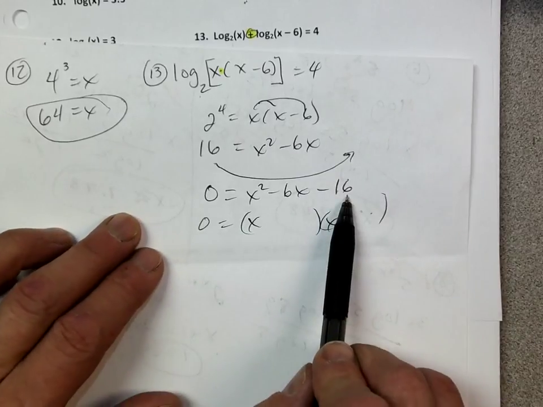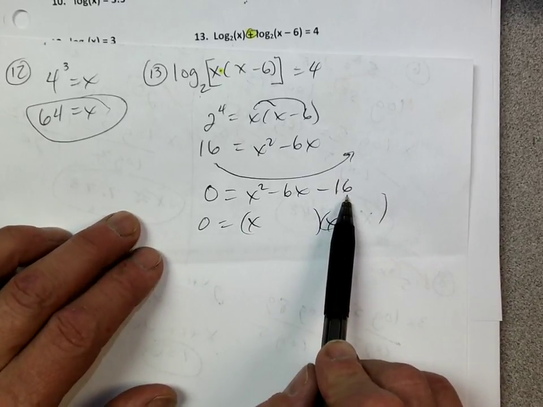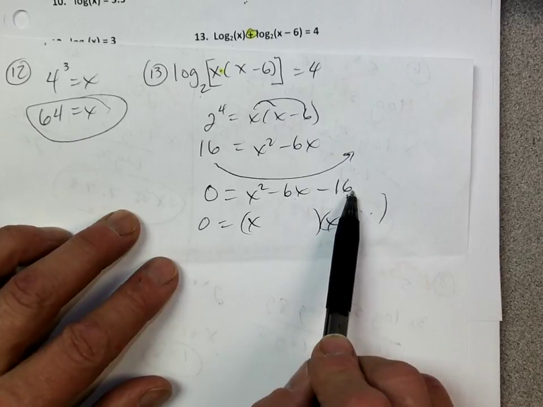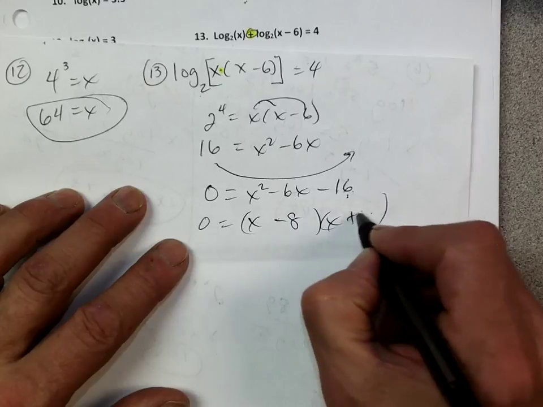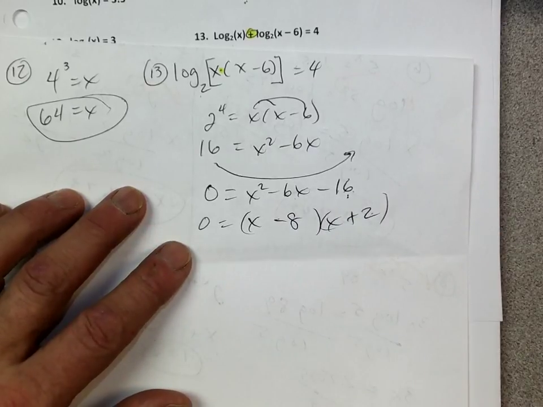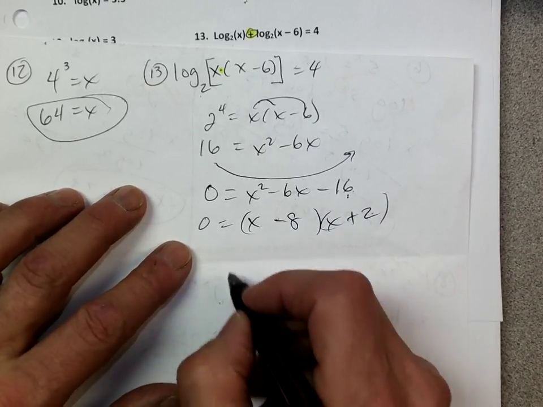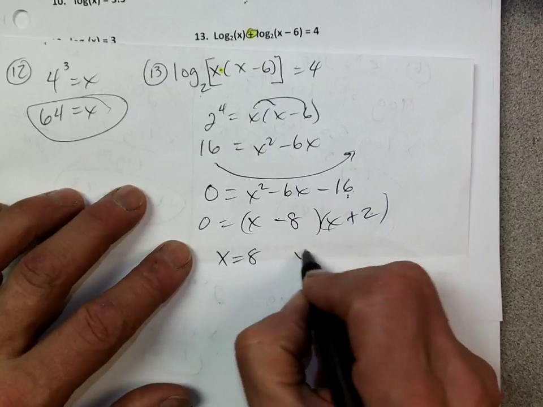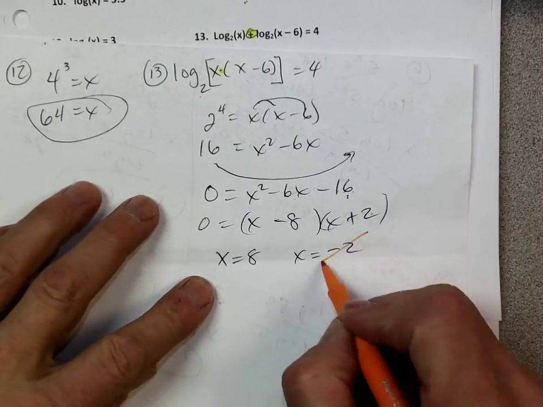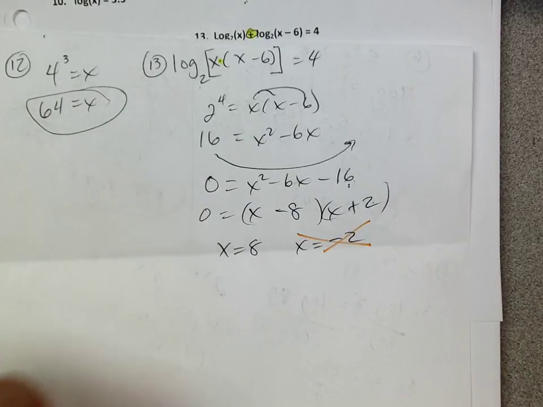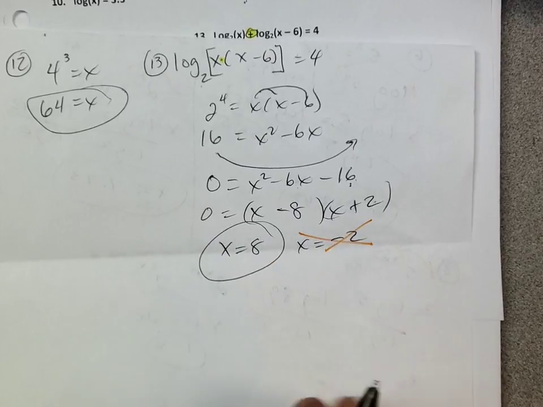What times what makes 16? 4 and 4, yeah, but that won't make a 6. But what about an 8 and 2? How about a negative 8 and a positive 2? How's that? And then when I solve these, I'll get x equals 8 and x equals negative 2. But we're going to throw away the negative 2 because you can't have a negative log. So it's just 8, right? Not bad?